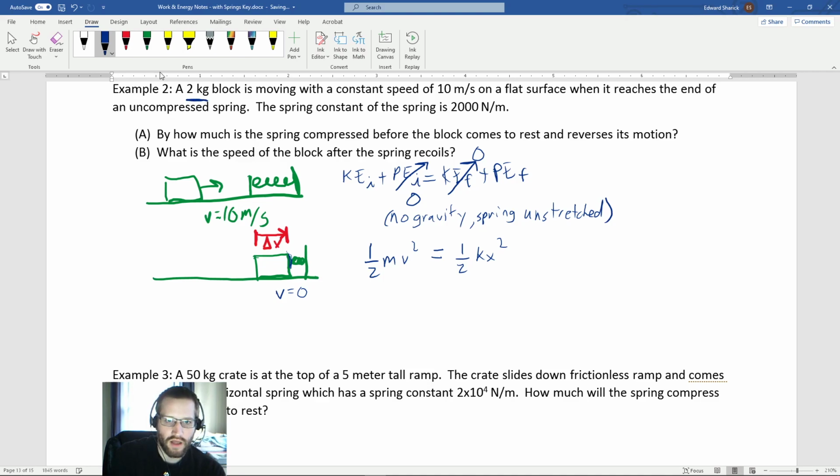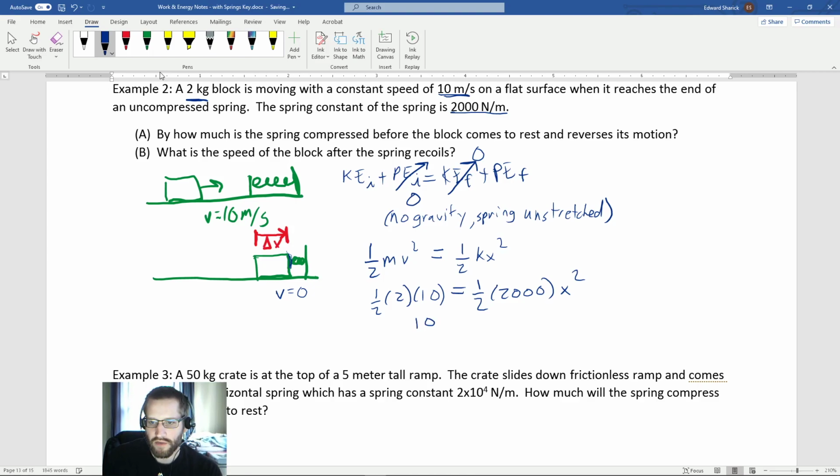Luckily, they tell us that the block weighs 2 kilograms, so I can just plug that into my left-hand side of the equation. My initial speed is 10, and I got that from here. And then the spring constant is 2,000 newtons per meter. So that's going to be my k value. And I'm left with x squared. 1/2 and 2 cancel out, so I've got 10 squared on this side.